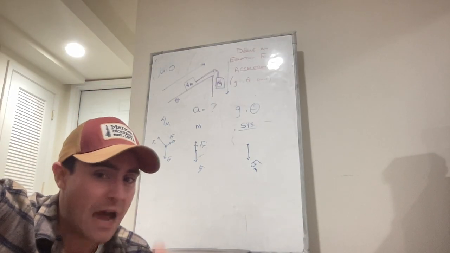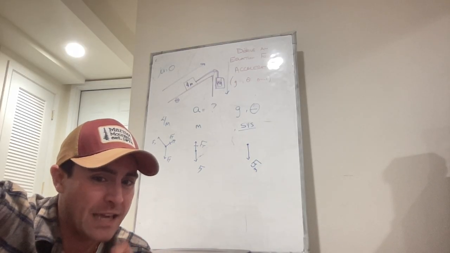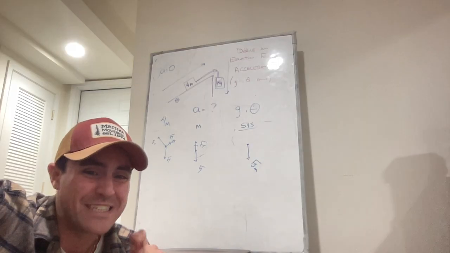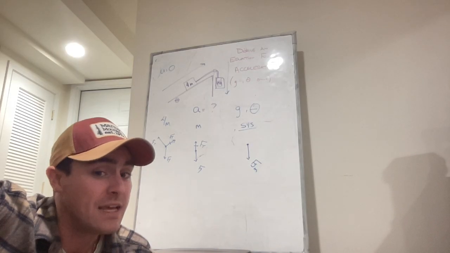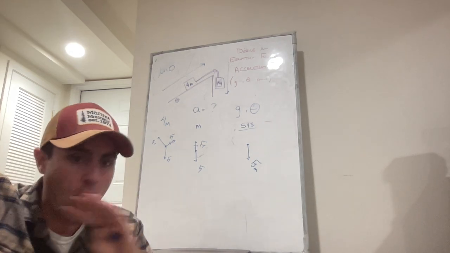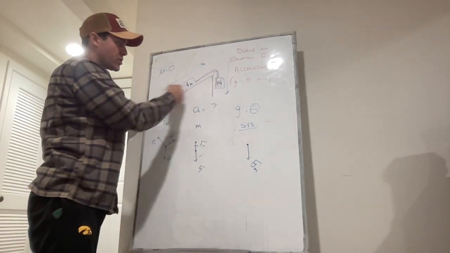The only thing driving the motion for the entire system is Fg on block M. Are there any forces that resist that motion? And the answer is no. There is nothing pulling back the other way. It is only this force pulling forward. Now, if there was friction, you would say, yeah, Mr.